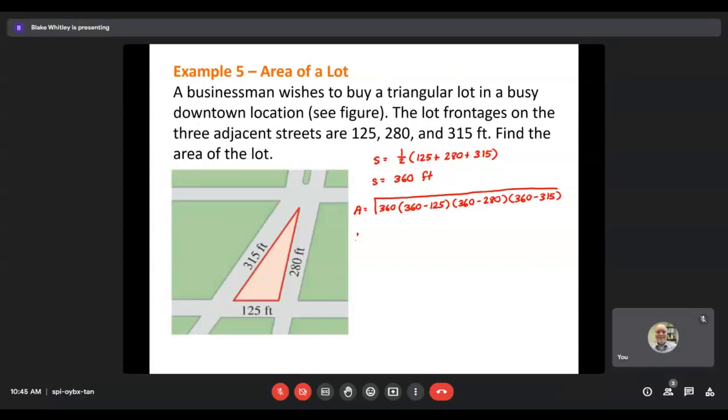Okay. And in this case, since everything on the right is just a number, we can actually just simplify that, put it all in the calculator together. And when we do that, that should give us 17,451.6.